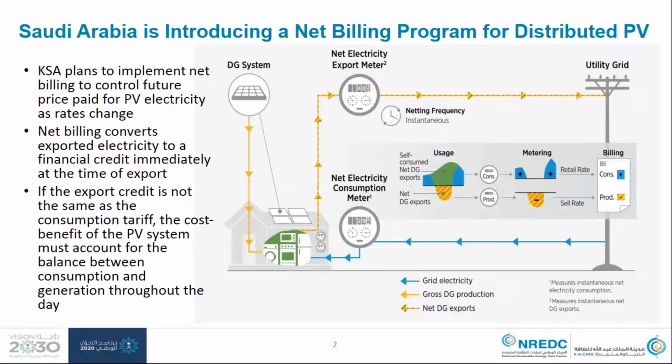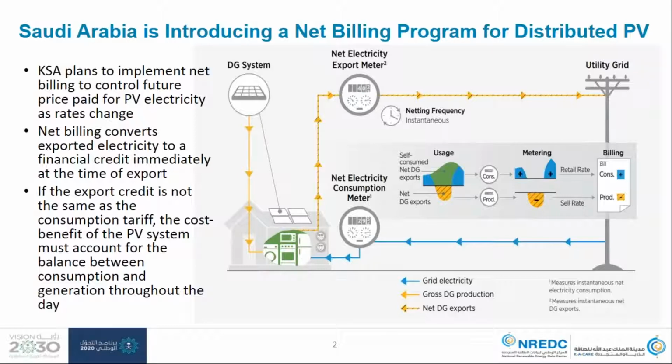About 18 months ago or so, the regulator put out a proposed scheme for net metering initially. That prompted a lot of discussion that has resulted in a shift to using net billing instead.